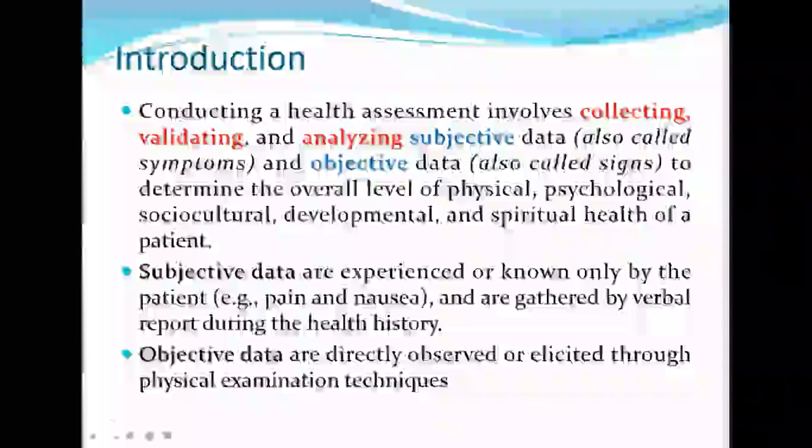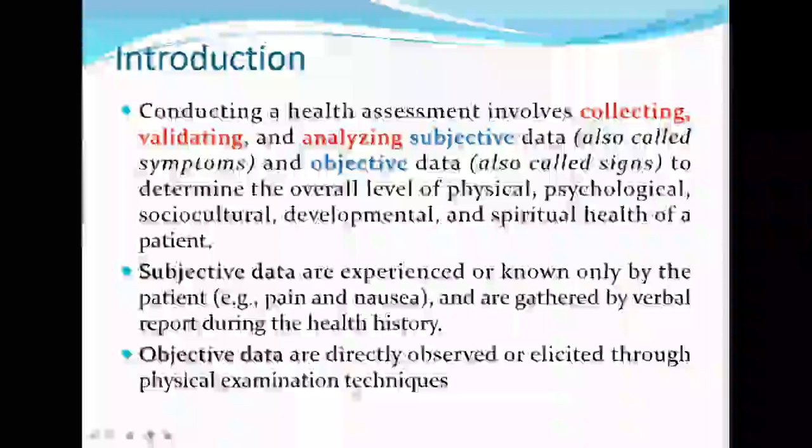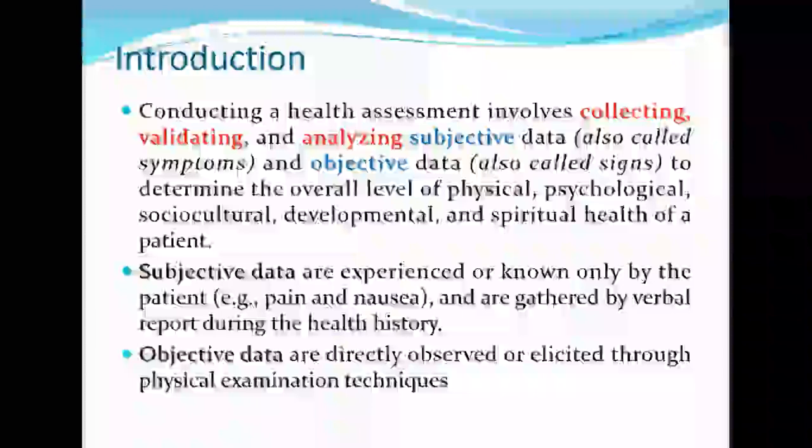Then objective data are directly observed or elicited through physical examination techniques. So when we say objective data, we are referring to signs. We're referring to what you, the health worker, are able to see on the patient. So for example, if you look at a patient and you observe that this patient has bluish discoloration of the skin and the mucous membrane, we call that cyanosis.